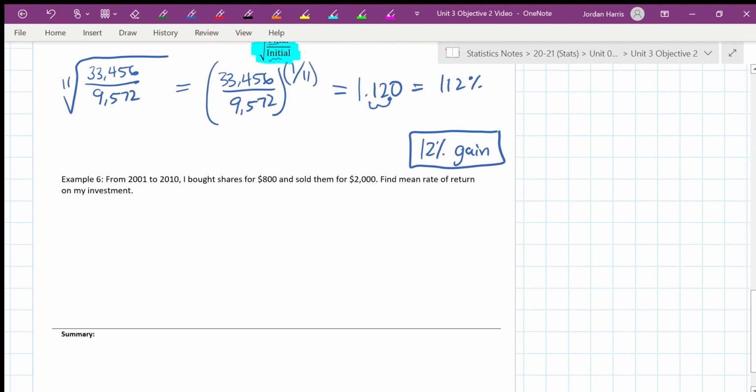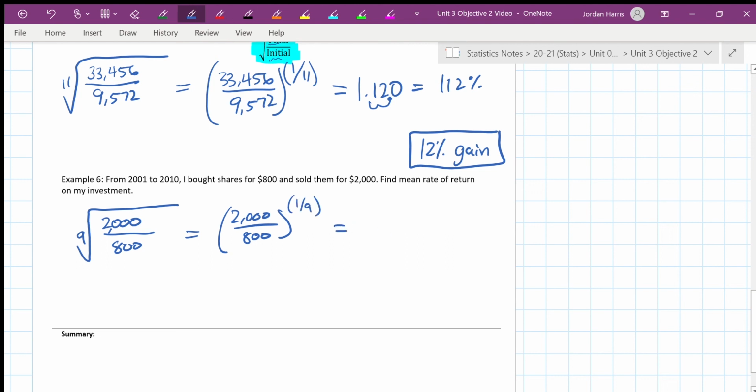Same thing with this next one. This is a 9-year gap, so it's going to be the 9th root. Started with $800, ended with $2,000. If you need to write it with a fractional exponent, do that. 2,000 divided by 800 to the 1/9th power.